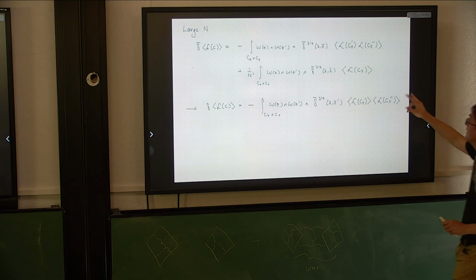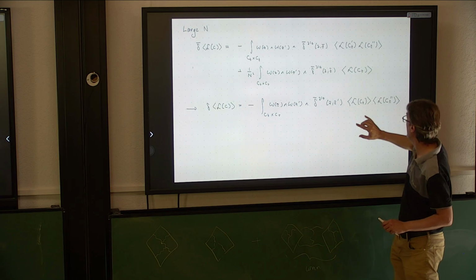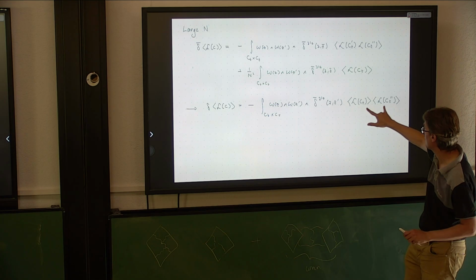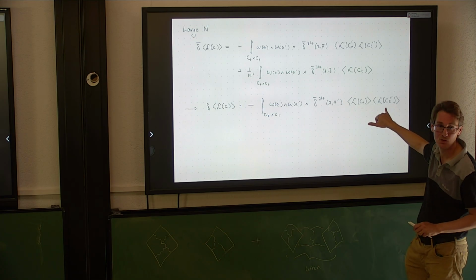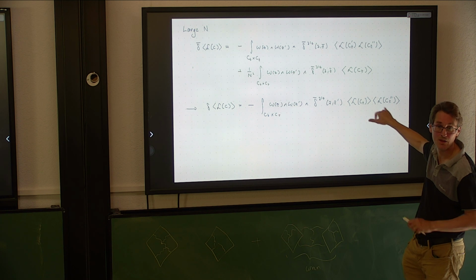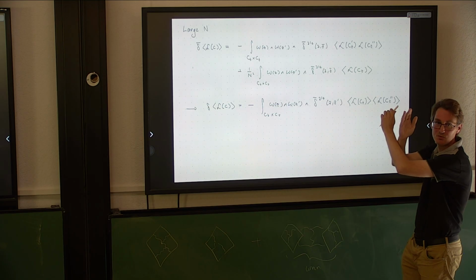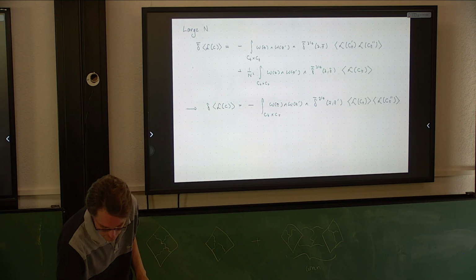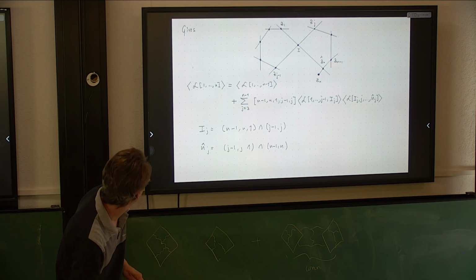So you take large N, this thing factorizes, this thing drops out, and we're left with a formula that looks as advertised. We get this product of a left Wilson loop and a right Wilson loop on that contour, where the left and right are defined by this intersection point. Okay, so there's the picture.